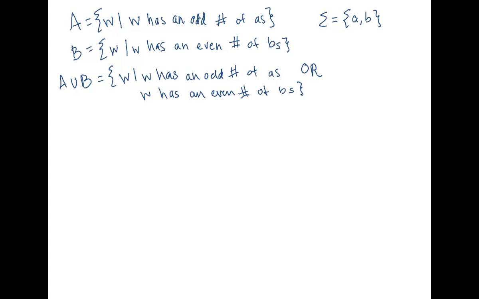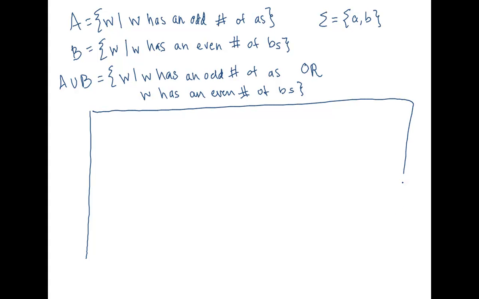Okay, so let's draw a picture to represent this language. So let's start off with our universe. Let's put our universe here. Universe of all strings over the alphabet {A, B}.